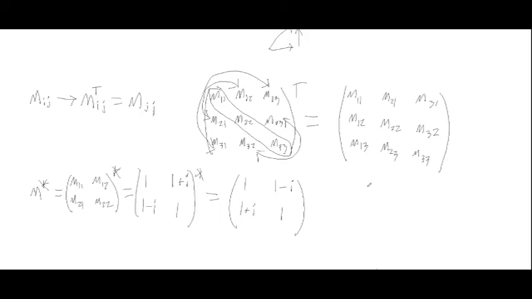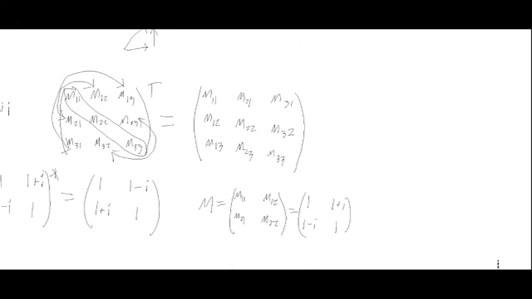And so we can take the complex transpose of a matrix. So if we have M11, M12, M21, M22, and we say that these are complex numbers, so 1, 1 plus i, 1 minus i, and 1, now if we take the complex transpose of that, which is often shown as this thing called a dagger.